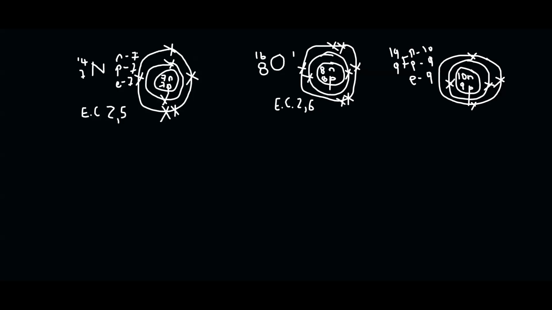Remember, after I start with single, I start to pair. 2, 4, 6, 7. 1, 2, 3, 4, 5, 6, 7. Good. So what's the EC now? Sir, we're trying to reach fluorine. Yeah, what would be the EC? 2 and 7.